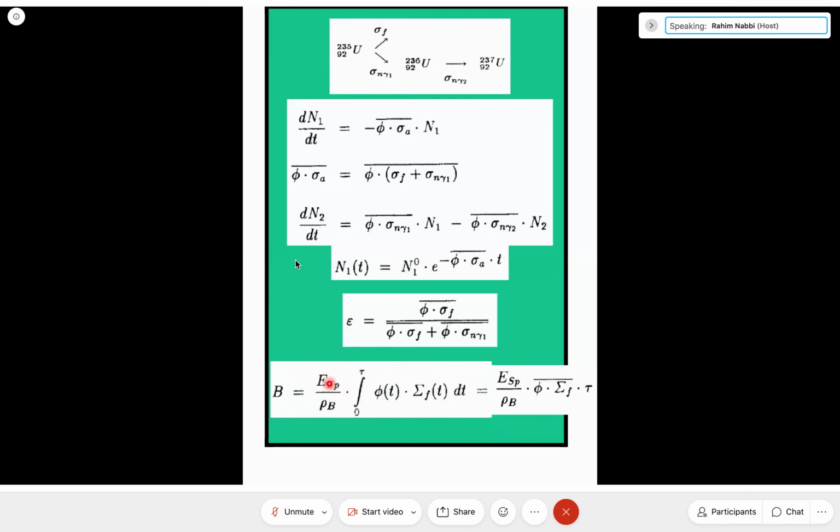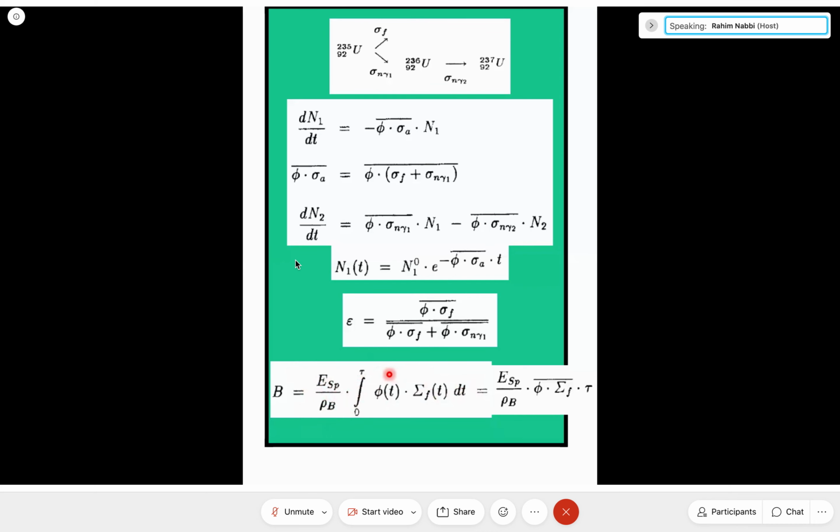If we divide it by the mass or weight of 1 cubic centimeter of fuel, then it would be the energy produced in 1 cubic centimeter of the fuel per gram of the fuel. Because this rho is the density. It is the mass per cubic centimeter too.